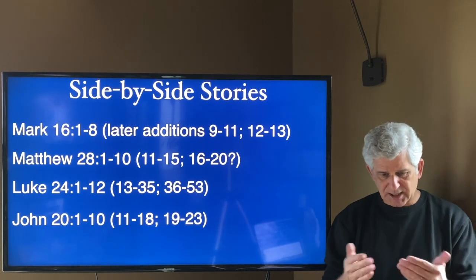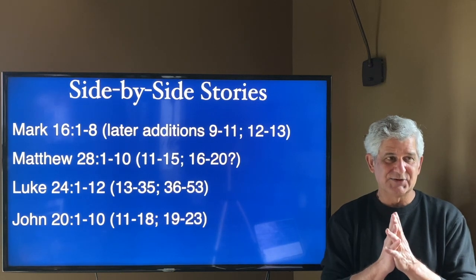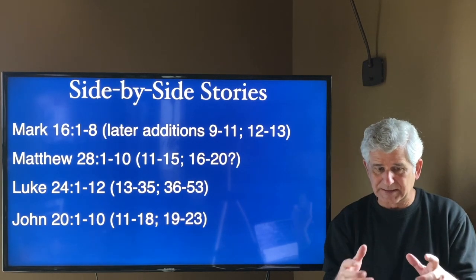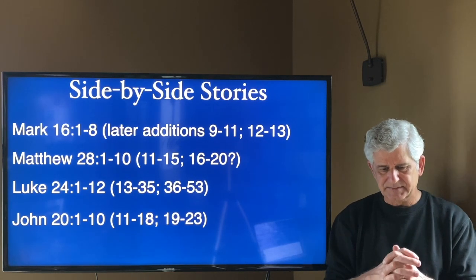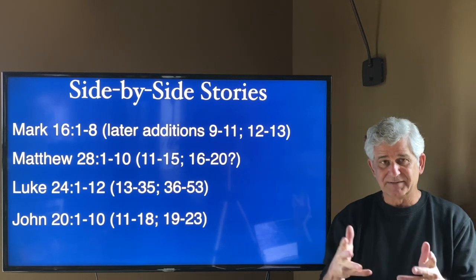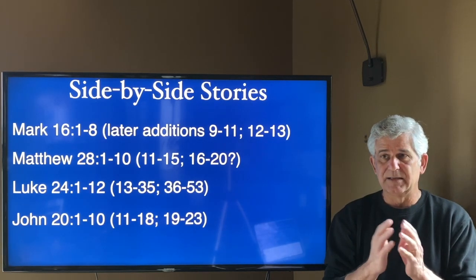And then in John's Gospel, it's some great storytelling. Again, the first 10 verses are about Easter morning. The first thing that happens is an appearance of Jesus to Mary.